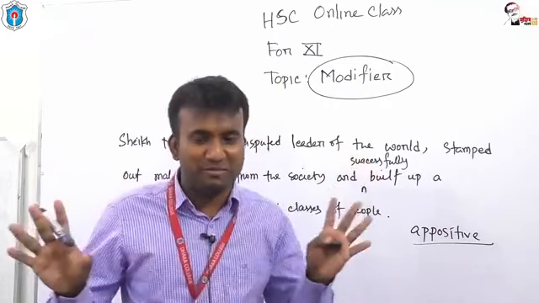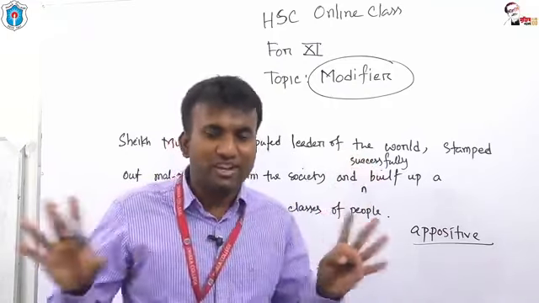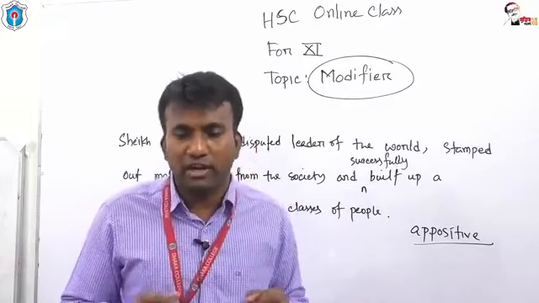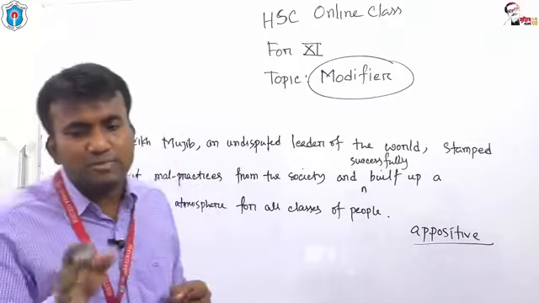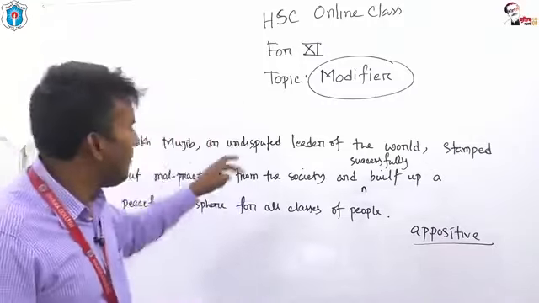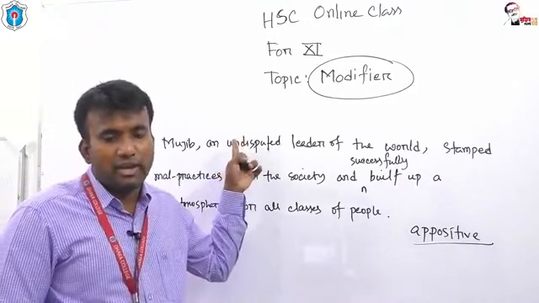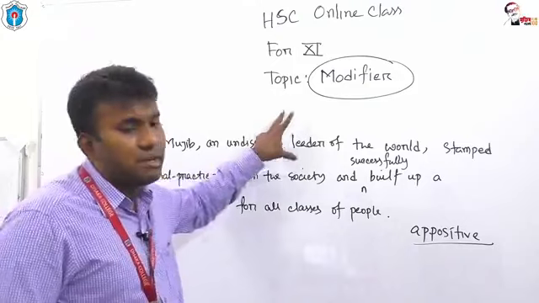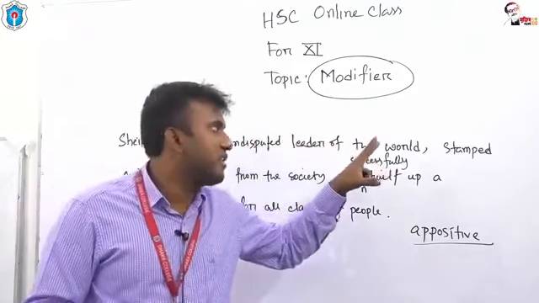Modifiers are of two types. I have told you that modifiers are of two types. One is pre-modifier, the other is post-modifier. If any modifier takes its position after a modified word or phrase, it will become a post-modifier. Okay? "An undisputed leader of the world" is an appositive. Here the appositive is used as a post-modifier.